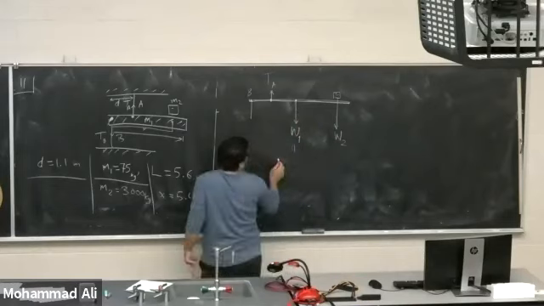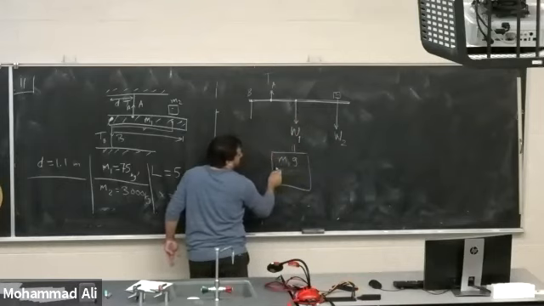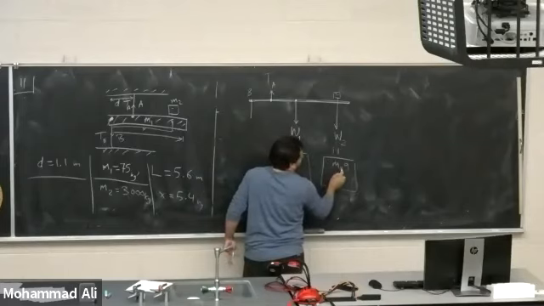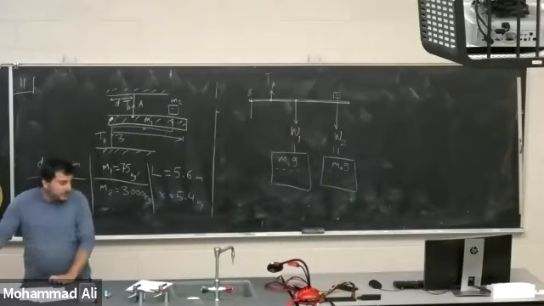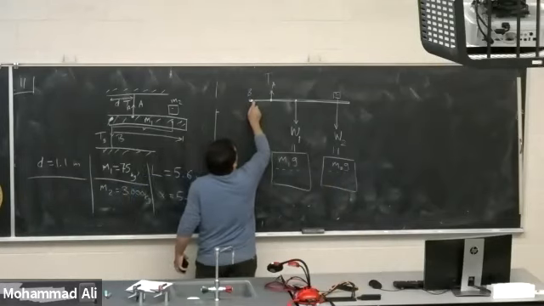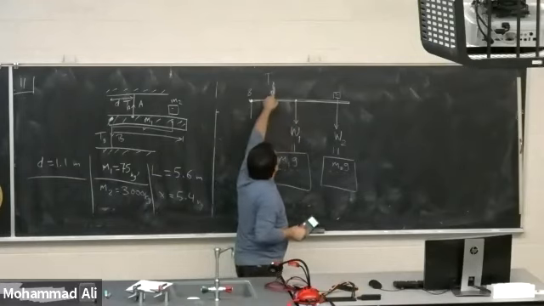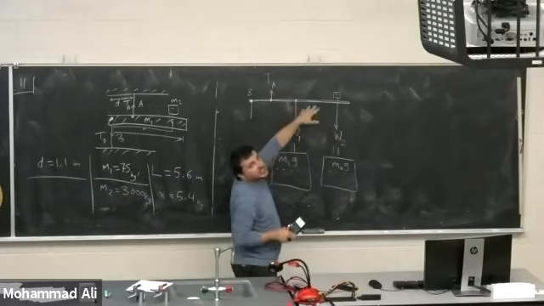This weight is equal to M1 multiplied by G. This weight is equal to M2 multiplied by G. We can compute that. So now, this is the center of rotation. We have three forces, TA, W1, W2, at different distances.